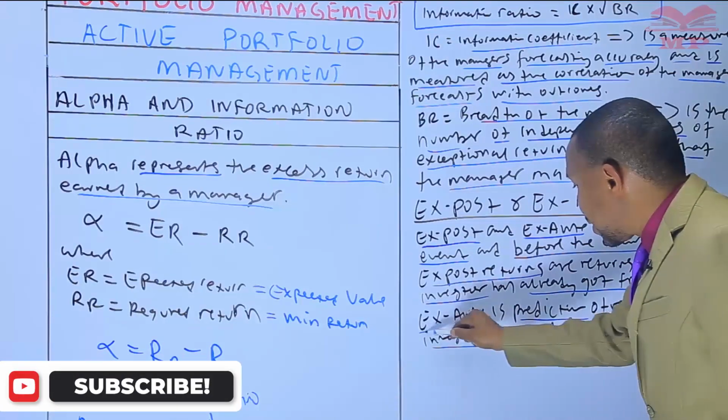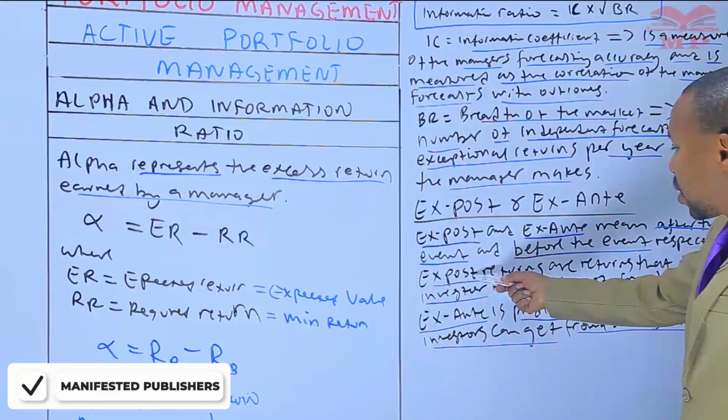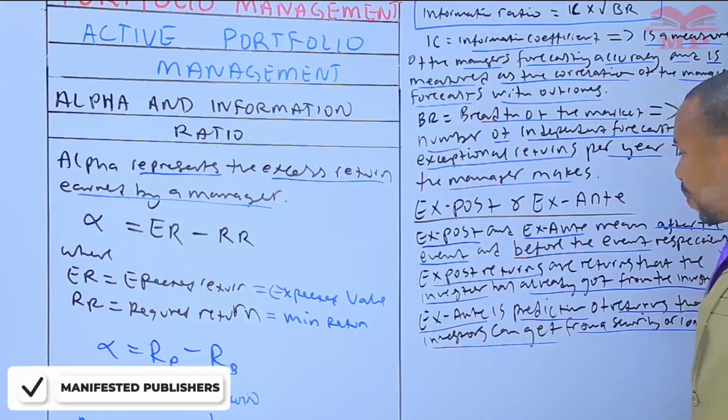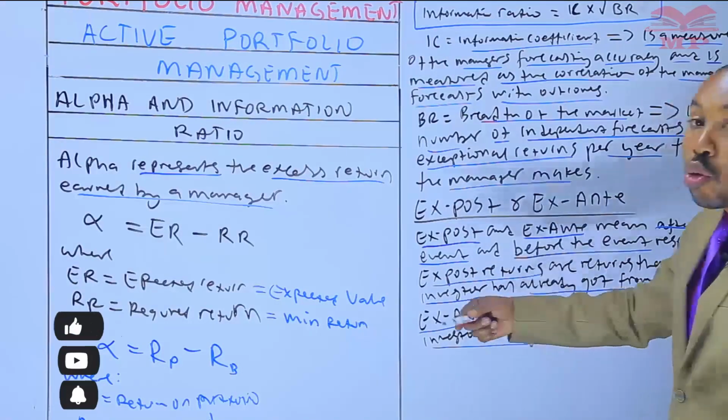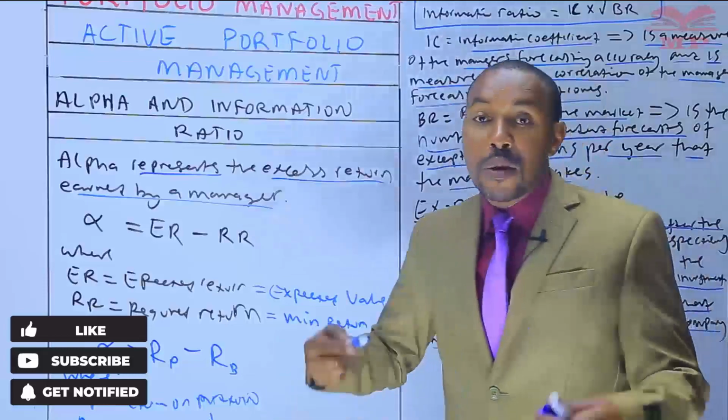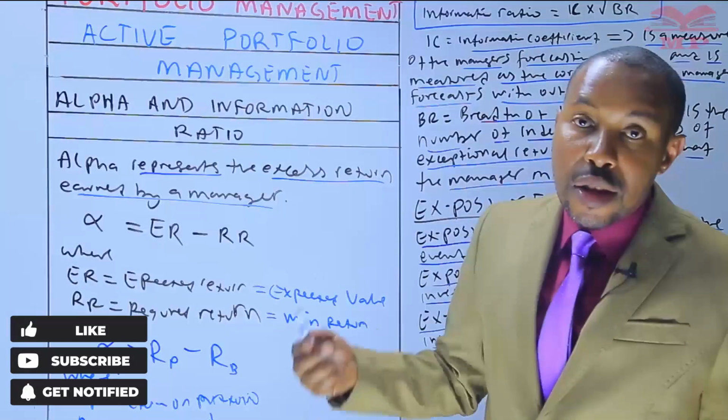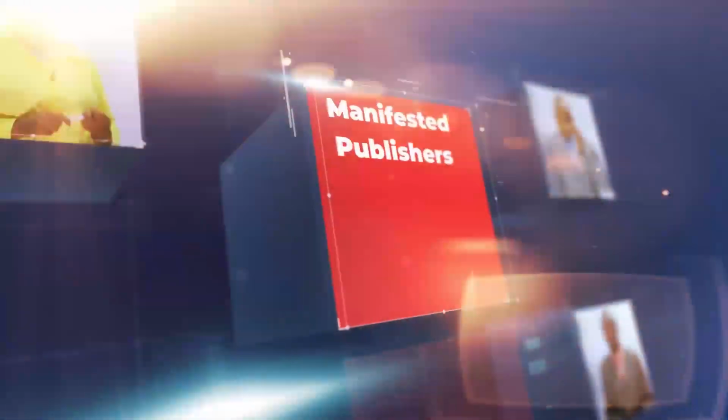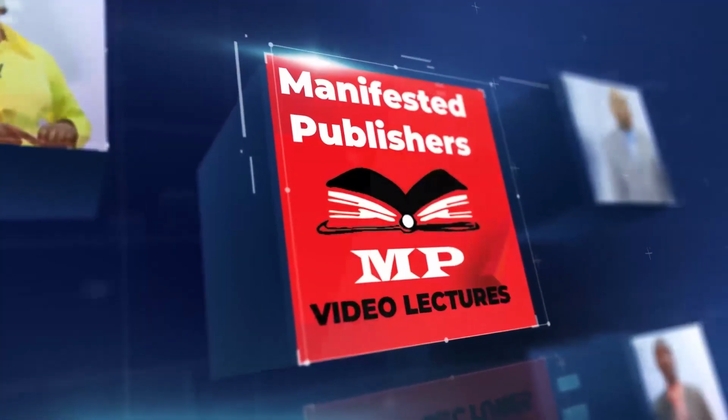That is ex ante. Ex post returns, ex ante returns. What do we expect to get once we invest in KQ shares or Mumia Sugar shares?